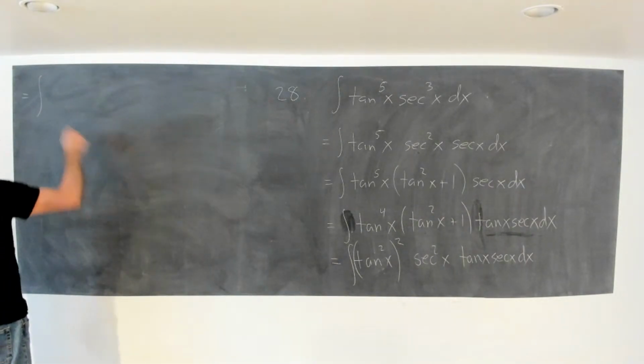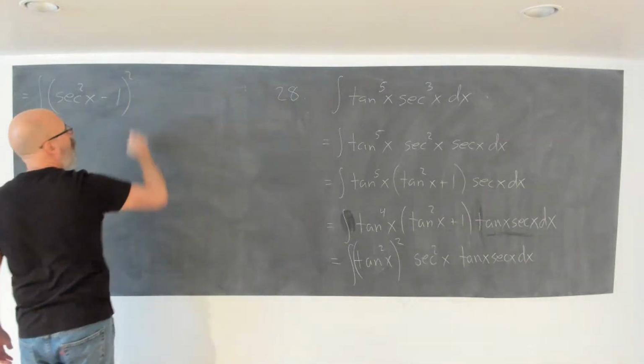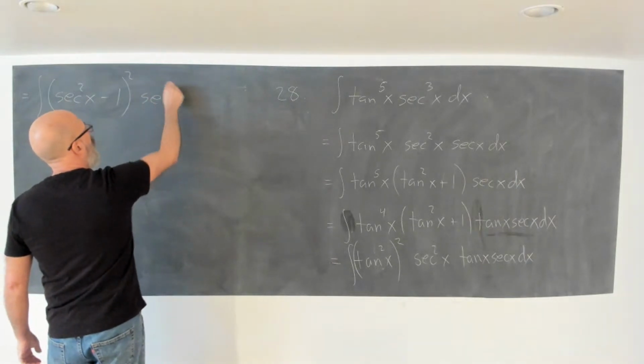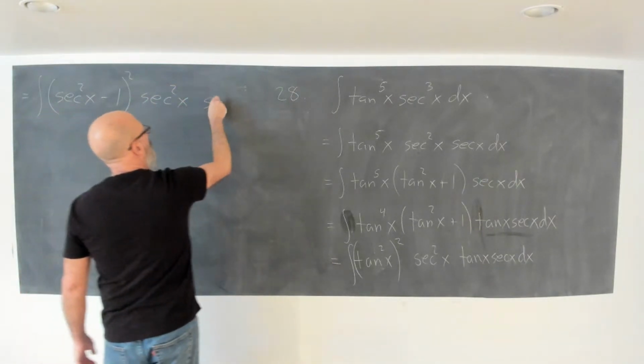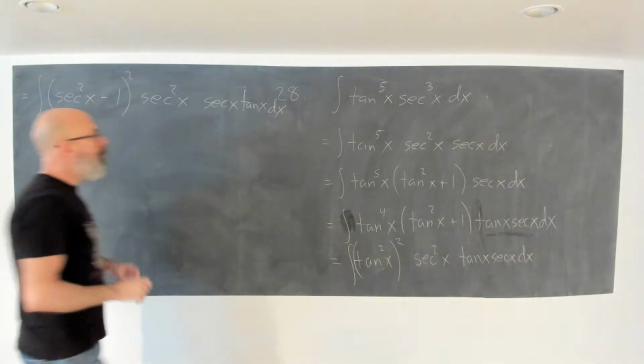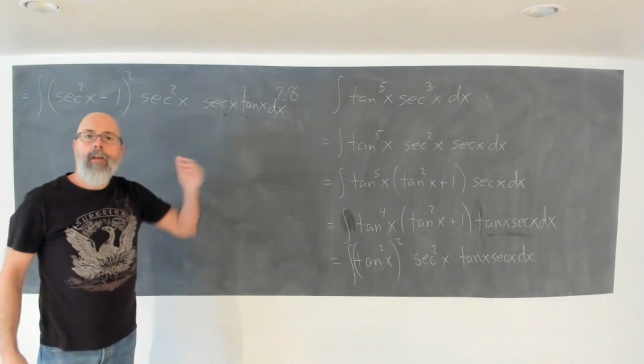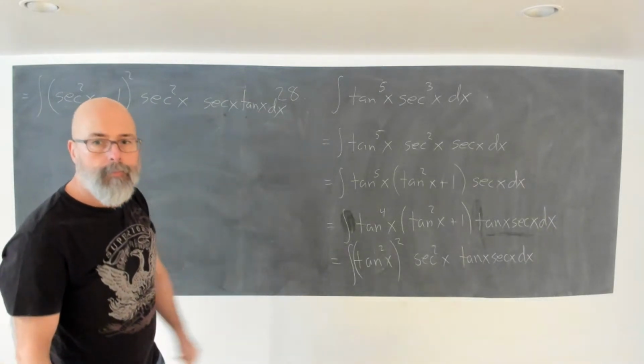So tangent squared is secant squared minus 1. You've got that squared, you've got a secant squared, and then you've got a secant tan. So a bunch of secants times secant tan, exactly what you want.